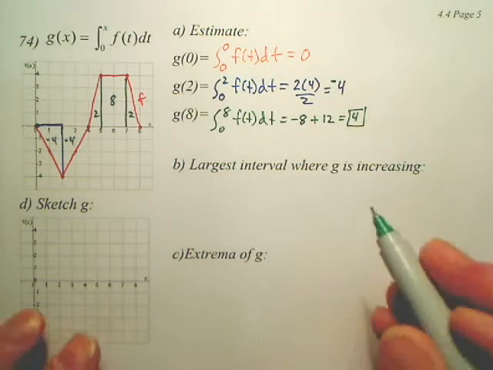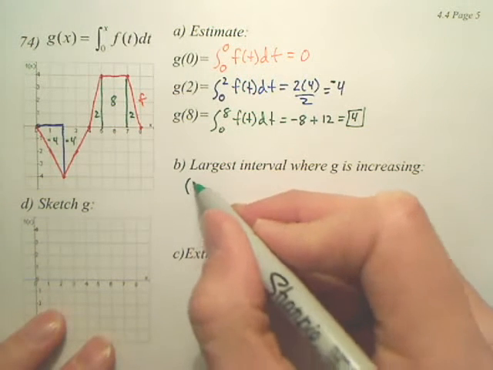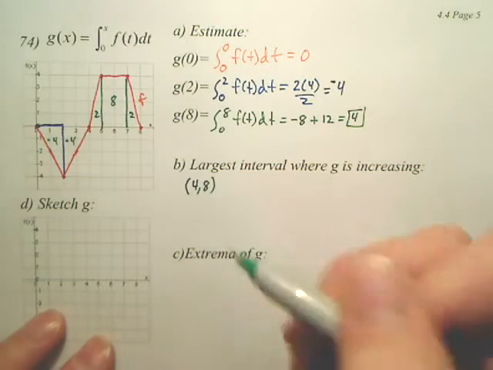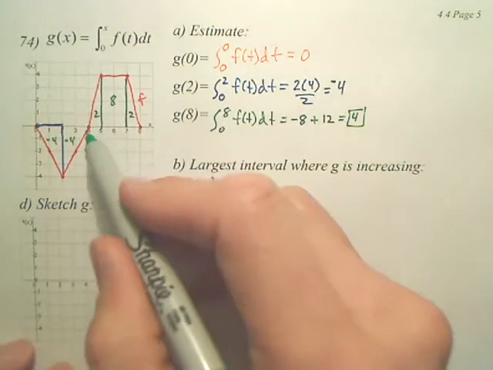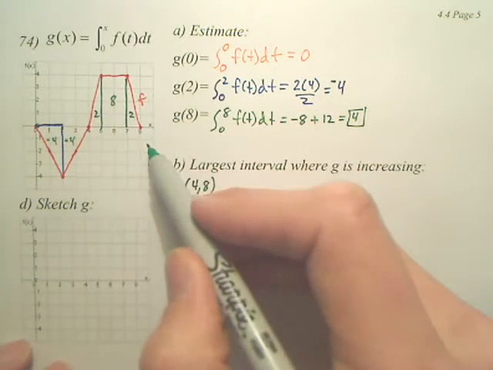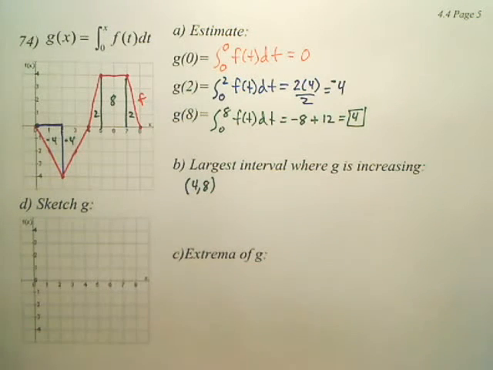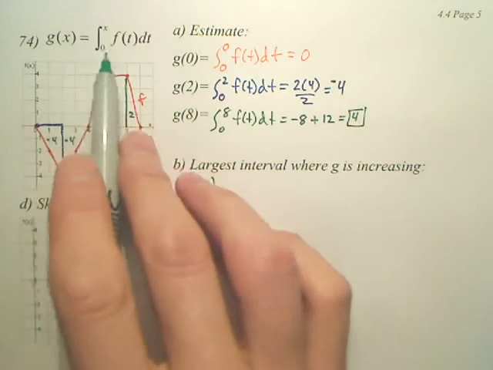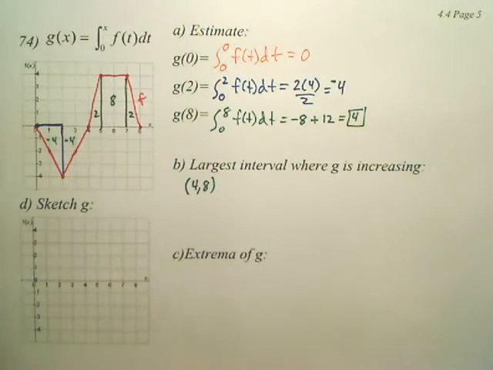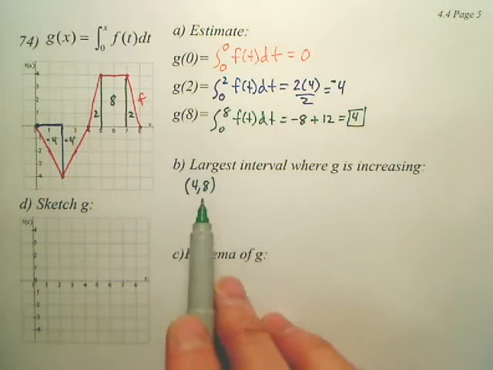So where is it positive? From 4 to 8. The largest interval where g is increasing, this is where not the graph is increasing, the area is increasing. The area is gaining. Here the area is shrinking. Remember, g is an area equation, the area under the curve. It's growing right there.